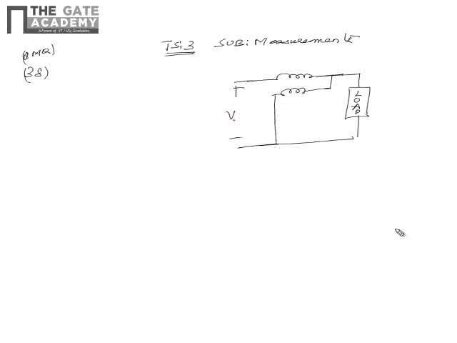So if this is my input voltage, this is the current coil which is of negligible resistance, 0 ohm, and if this is the current flowing through the current coil, and this is IPC, the pressure coil current, this is my pressure coil, this is the load.